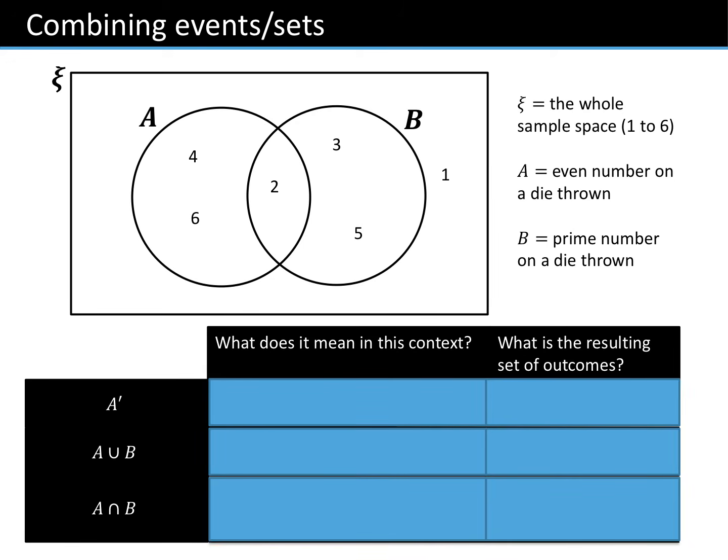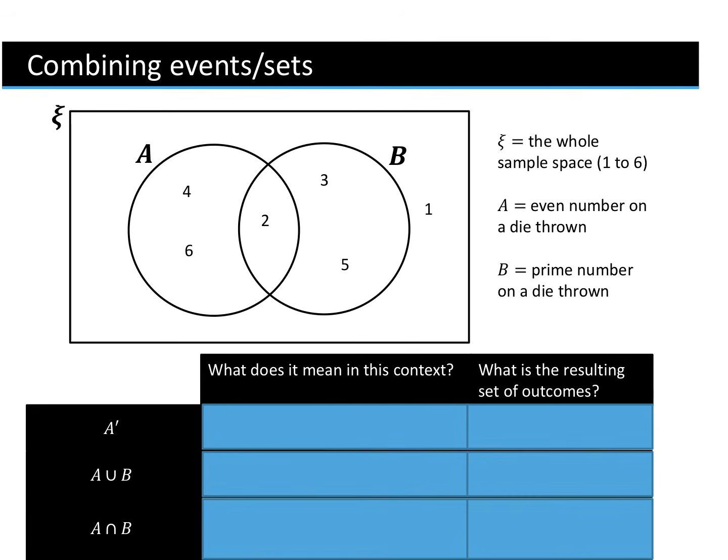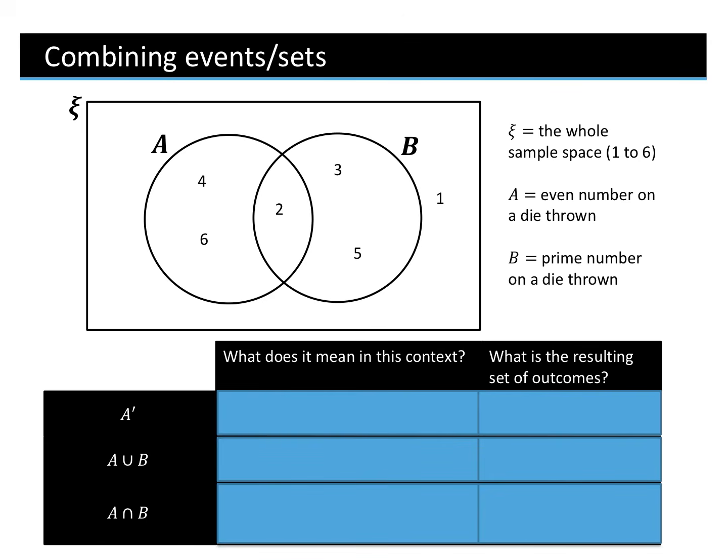So, when we are combining sets and events, we're now going to discuss what the context of this means, and then we're going to discuss how we would write this in terms of our probability, you know, P of, and then we'd write down the set is going to equal.